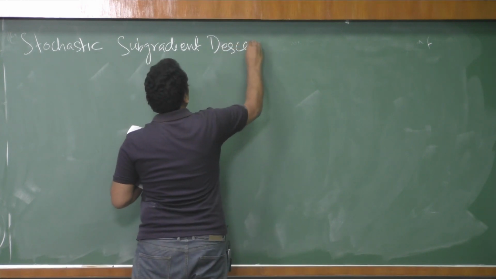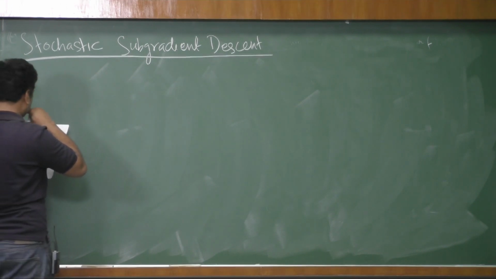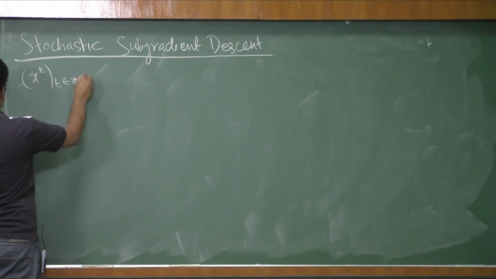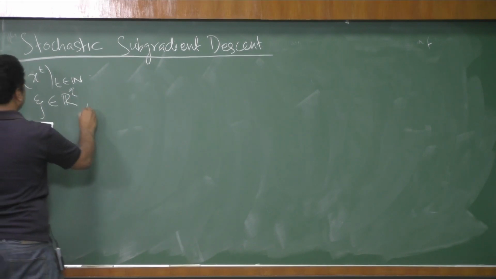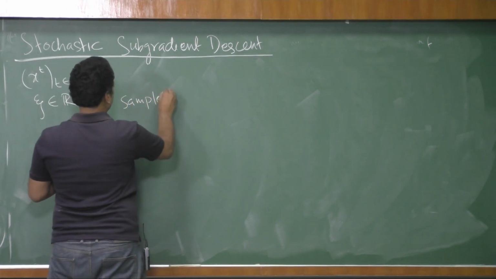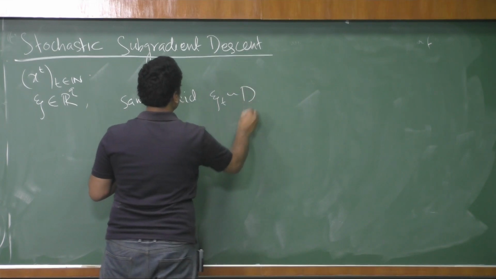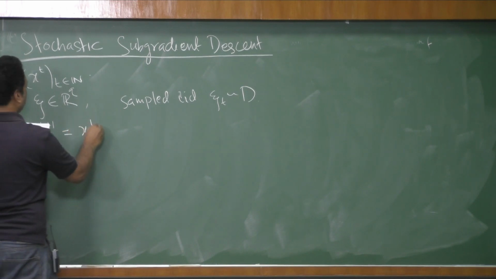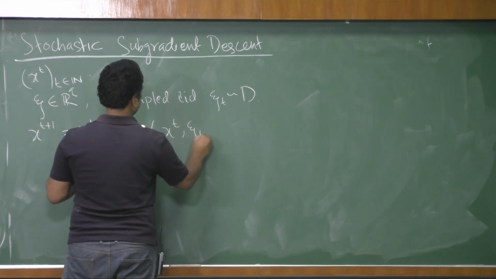So we have the iterates x_t, with t coming from the natural numbers, and xi, as we know, is a random variable, and this is sampled i.i.d.; xi_t follows some distribution D. Then this method is very simple. x_{t+1} is x_t minus gamma_t times g(x_t, xi_t).